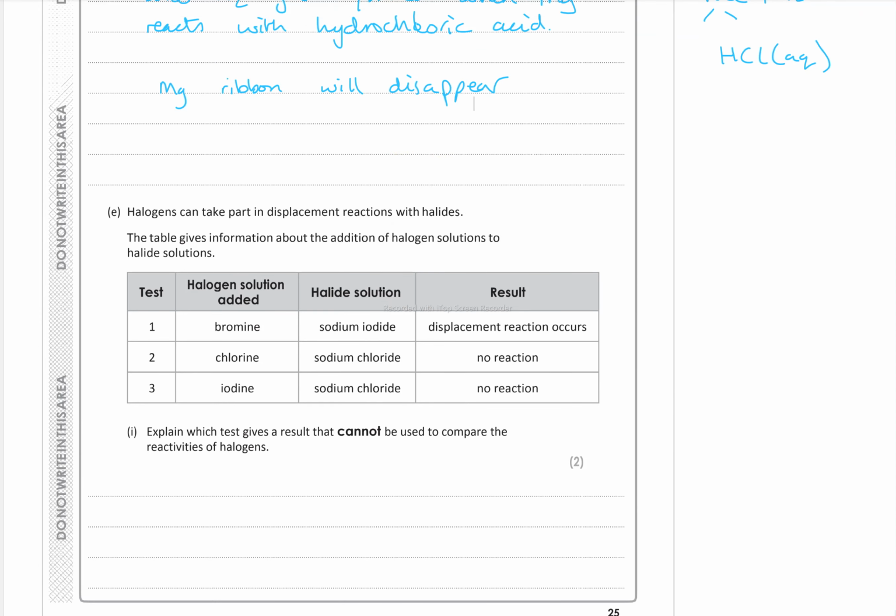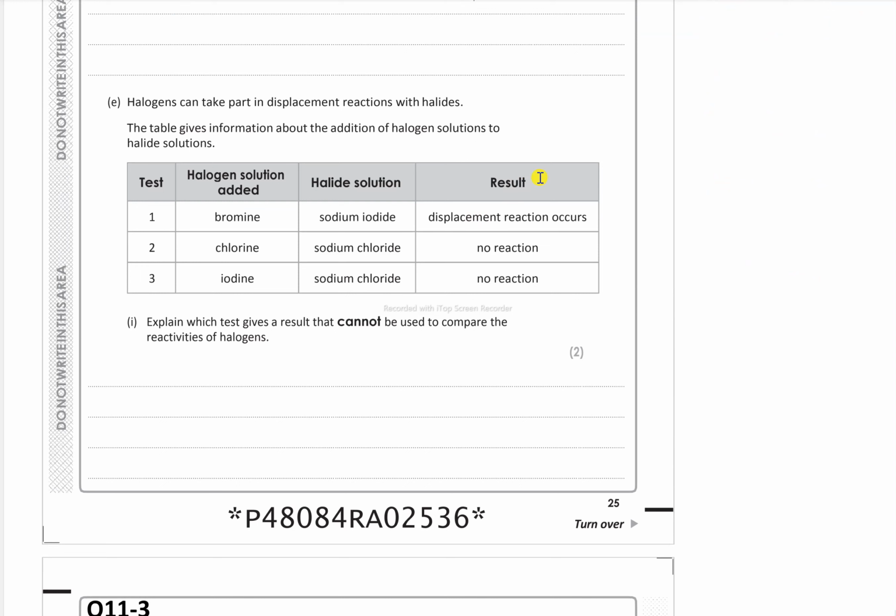There's loads more. Halogens can take part in displacement reactions with halides. The halogen solution is bromine solution. Remember, fluorine is too reactive.